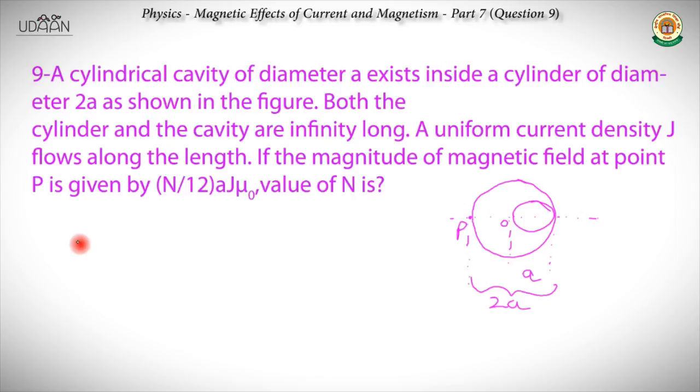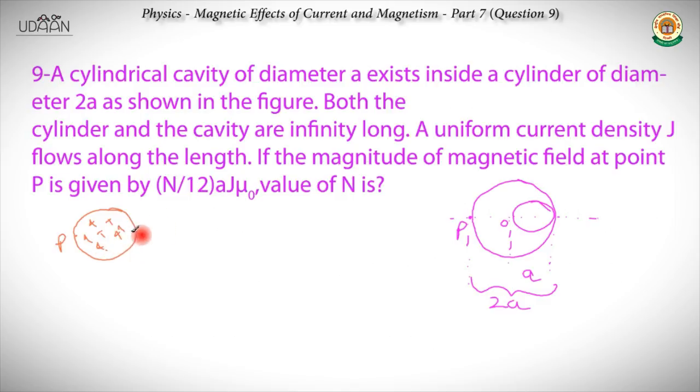First, there is a point P, and let's say this cylinder carries a current of uniform density J throughout, in a particular direction, let's say into the plane of the paper.